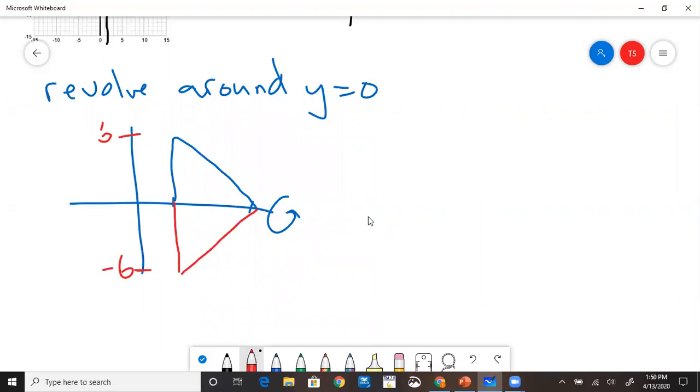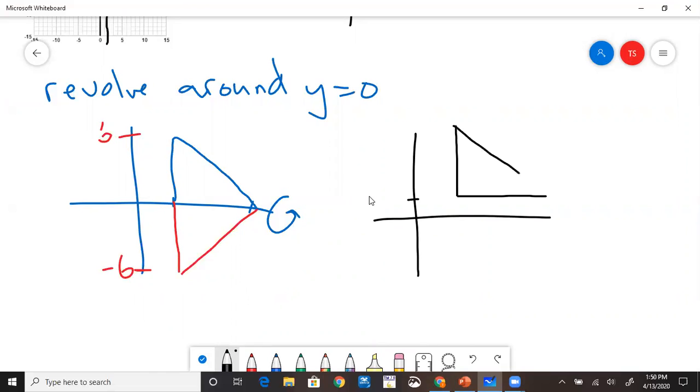Now, there could be times, let's come over here and say, I have a triangle that starts up here that's not touching the x-axis, but I still want to revolve around the line y equals 0. Well, when I reflect that, this distance here was a distance of 1, so that reflection better also be a distance of 1 away down here.